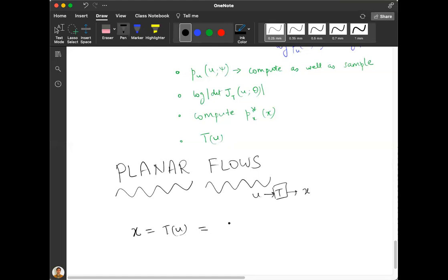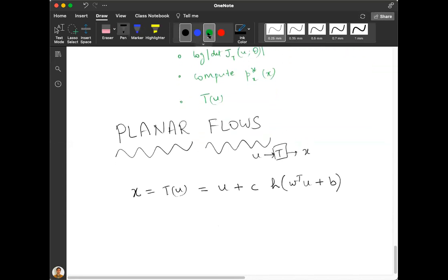Now, this T(U) has a very particular form for a planar flow, and the form is this: U plus C times H of W transpose U plus B. That's it. Now let me explain the meaning of each term here.